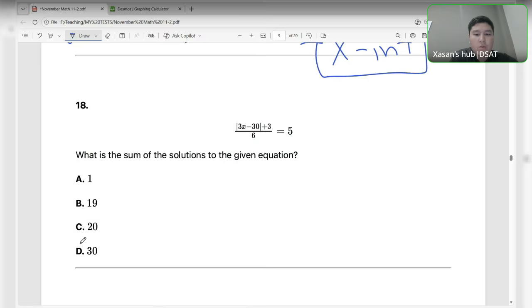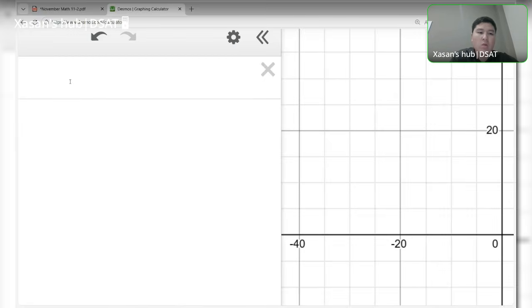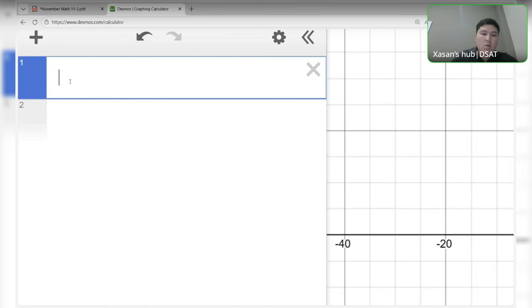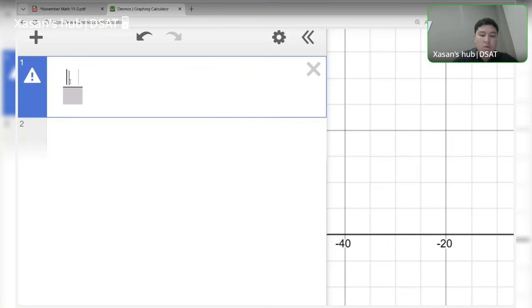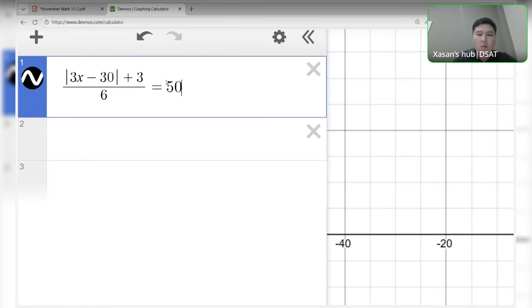What is the sum of the solutions to the given equation? Again, with Desmos you can solve almost all the equations with decimals. So we have now (3x minus 30 plus 3) divided by 6 equals 5.